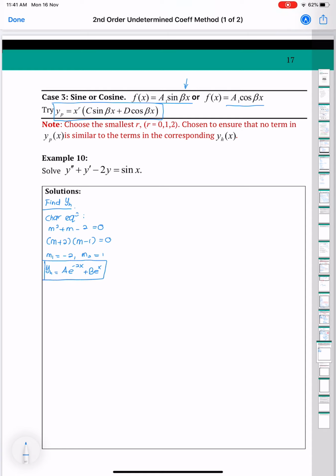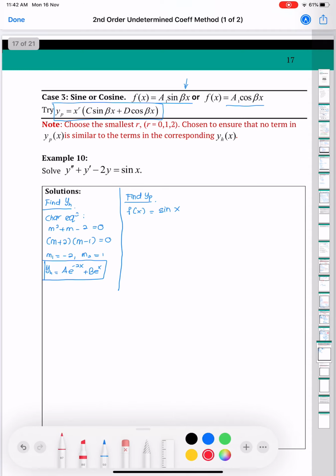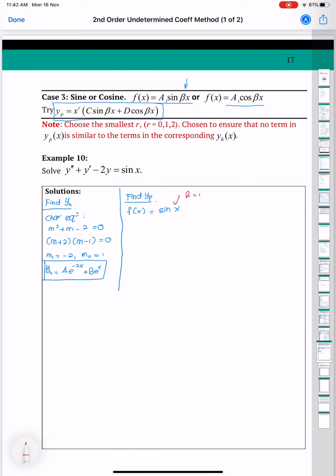You must be very careful in calculating your homogeneous solution, because if you get the wrong homogeneous solution, when you compare with your particular solution, you will get the wrong answer. Okay, next we want to find yp. So my f(x) is equal to sine x. So you see here, your beta is equal to 1. So your yp will be equal to x to the power of r, c cos x or c sine x.